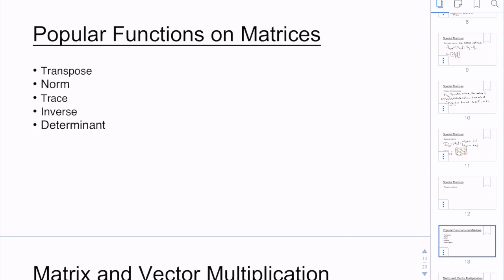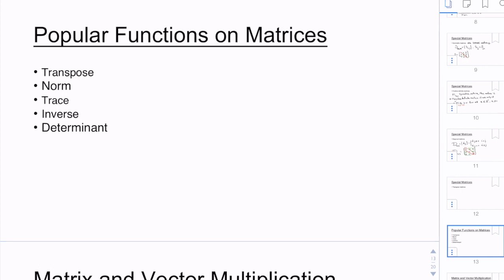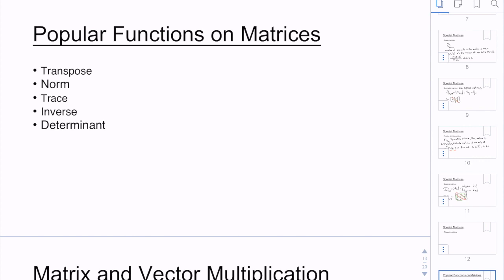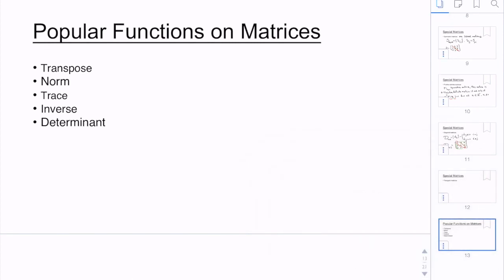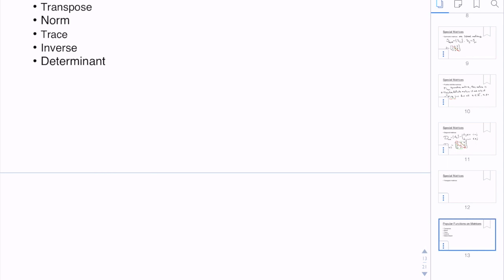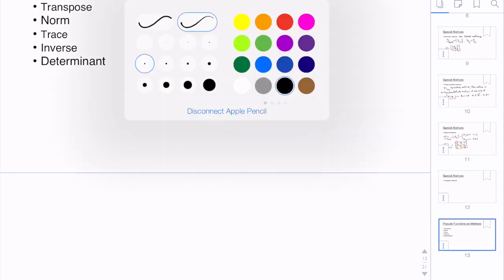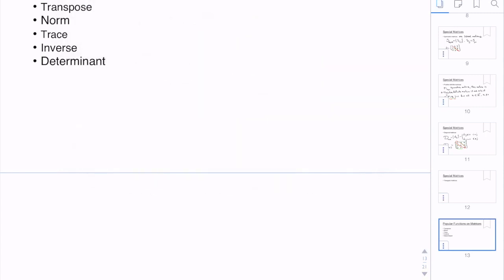The first operation is transpose. So the first property I wanted to talk about is the transpose of a matrix.